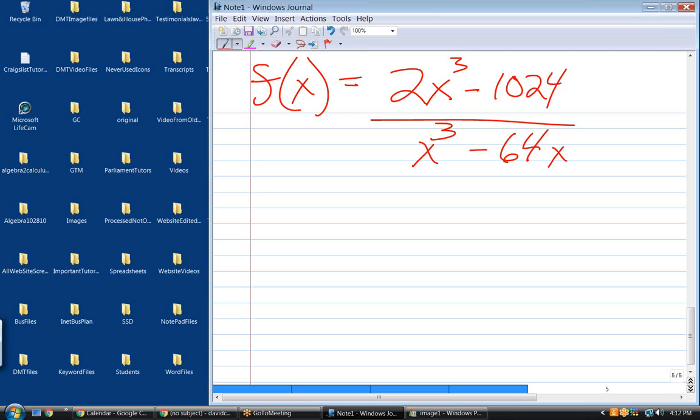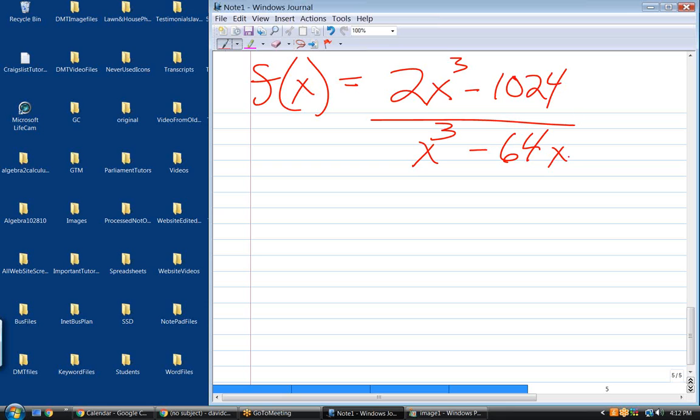And that's it. Let's talk about vertical and horizontal asymptotes. Yeah, she gave us a kind of step-by-step sheet. Before we do that, let's do a little factoring up here.